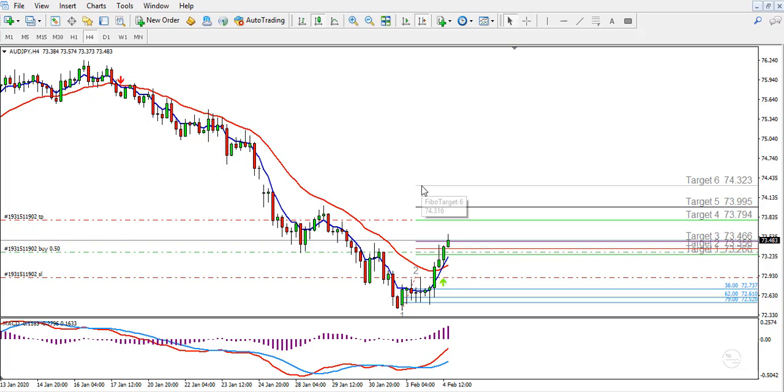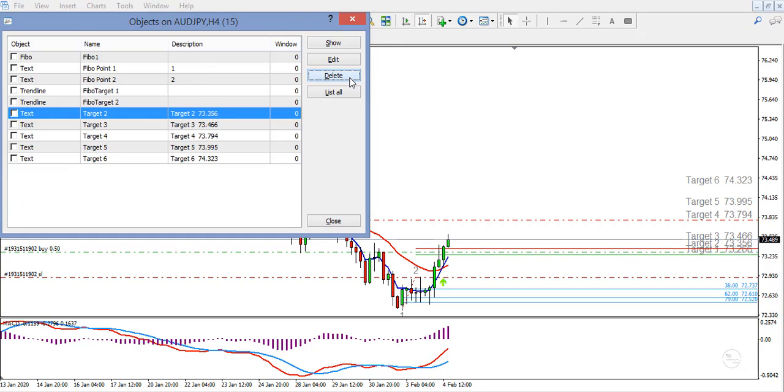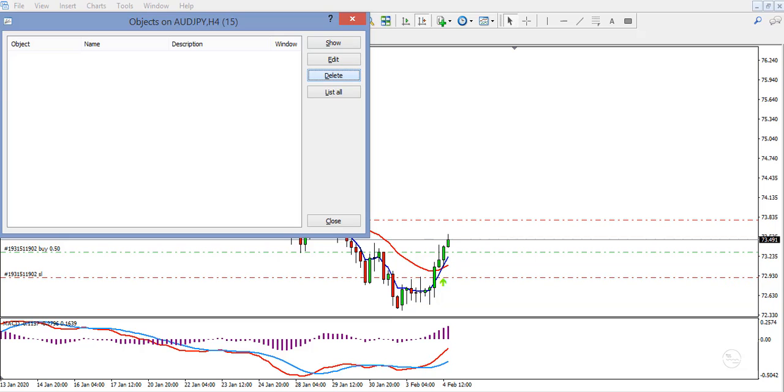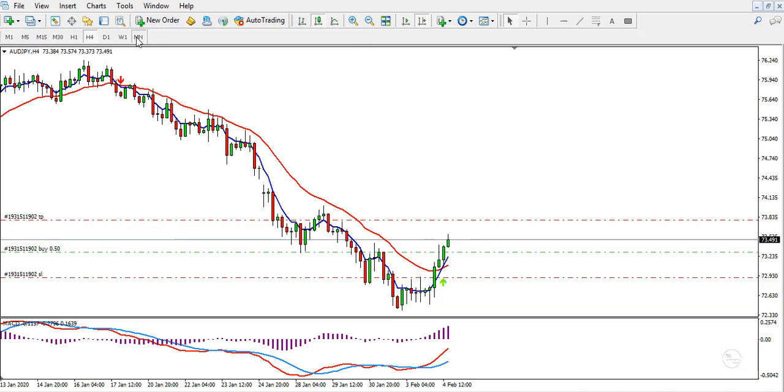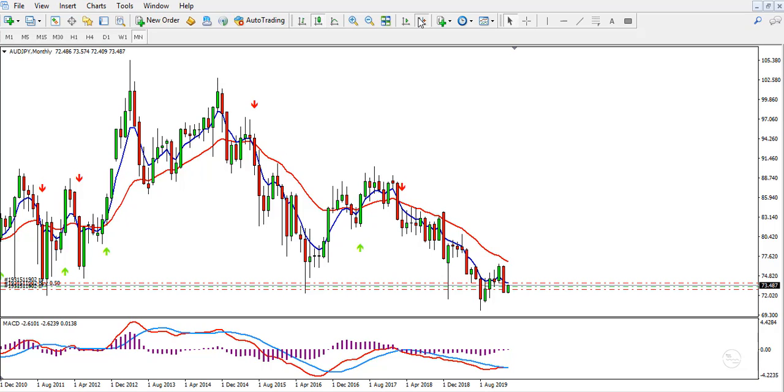But before I go ahead of myself, let's quickly go to the monthly chart and analyze this top down and see what we see. From the monthly, this is what's going on right now. The monthly chart has another positive divergence situation that looks like it's about to resume the upward move.